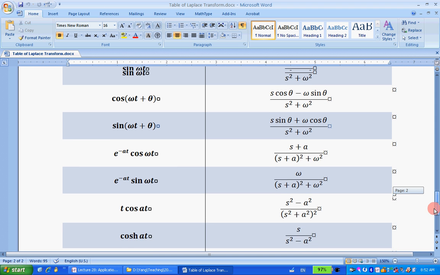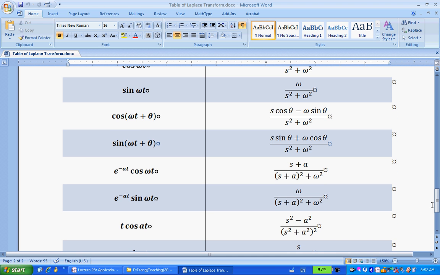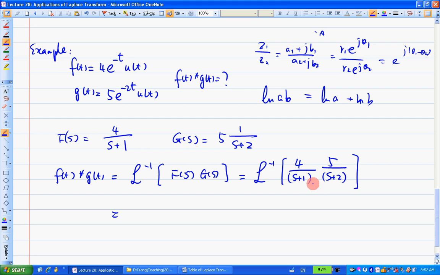What's given in this table is called the simplest Laplace transform you could have. So before you use the table, we have to break it down into the simplest form. How do we break it? Here you have two factors multiplied by each other.